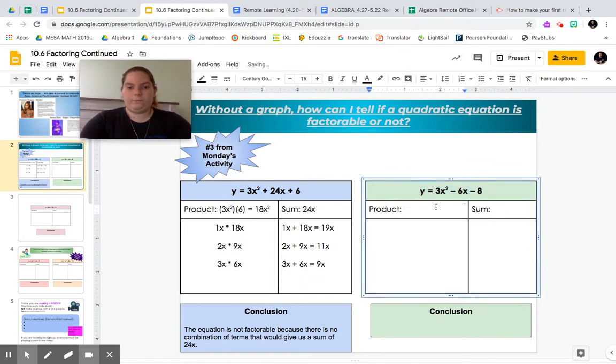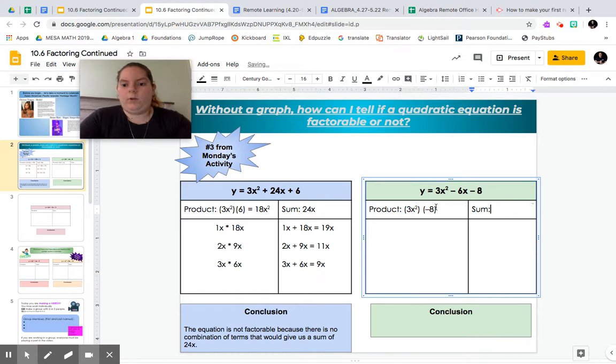All right, so let's go ahead and try the second one with you, the green one. So now, what would the product here be? The product here is, remember, our A value, which is 3x squared, times our C value, which is negative 8.